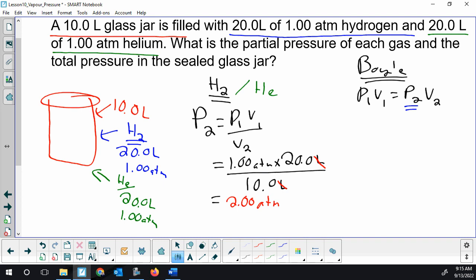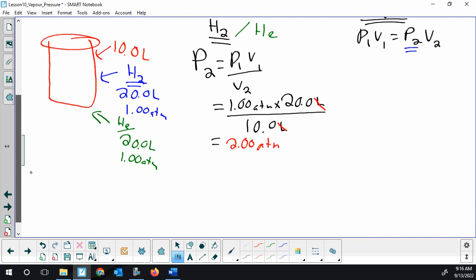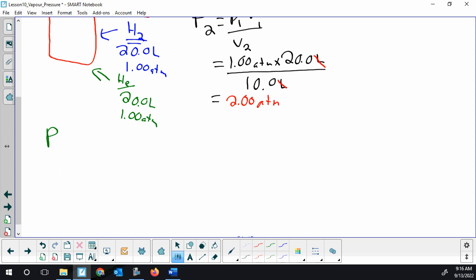So what is the partial pressure of each gas and the total? Partial pressure: hydrogen is 2 atmospheres.